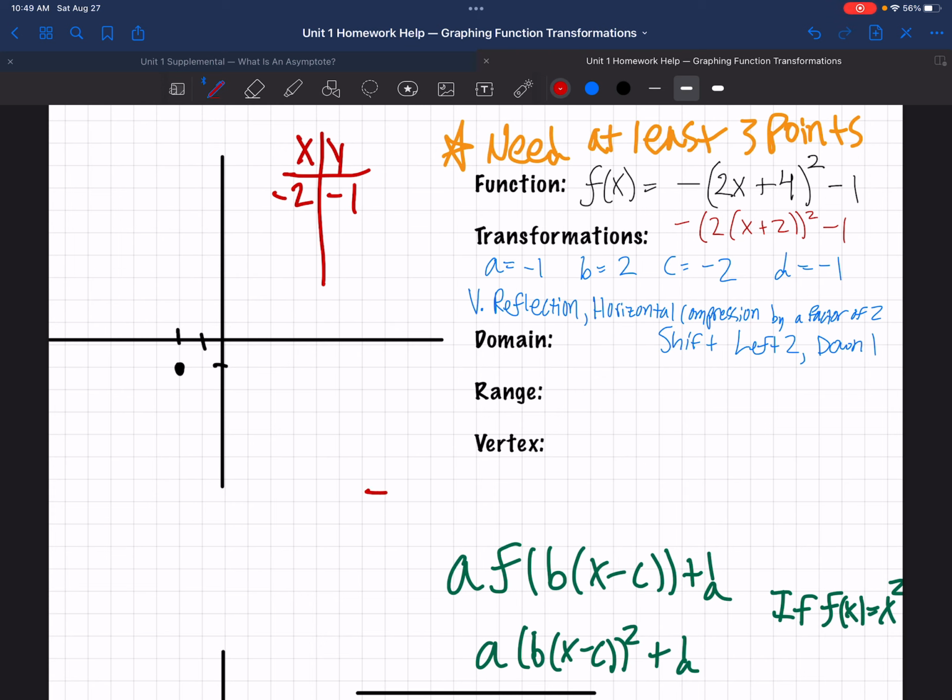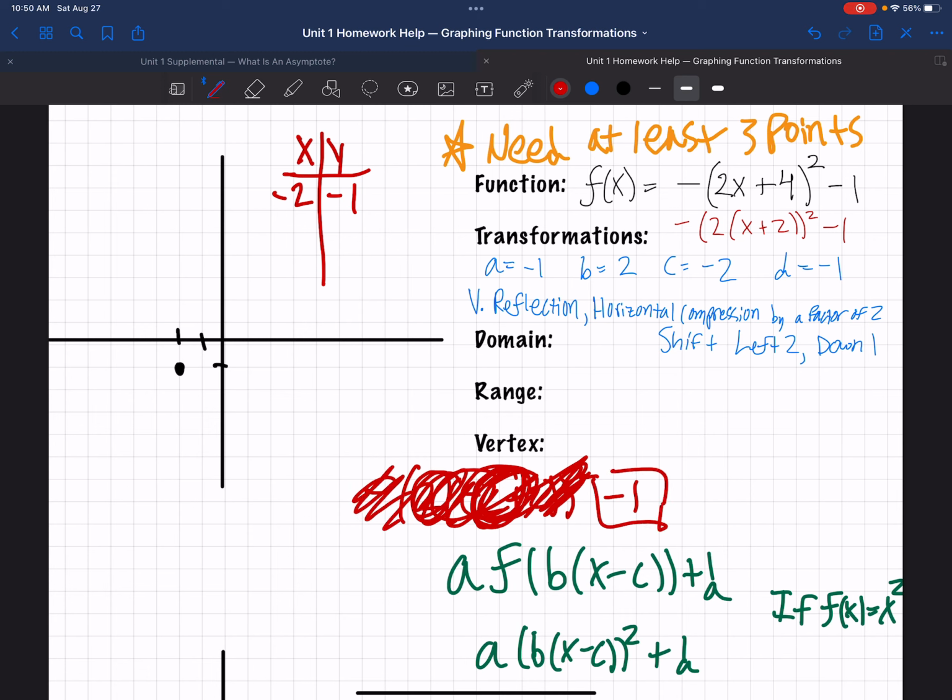If you do negative 2 times negative 2 plus 2 squared minus 1, well, negative 2 plus 2 is 0, and 0 times 2 is 0, so 0 squared is nothing, and it's negative 1.